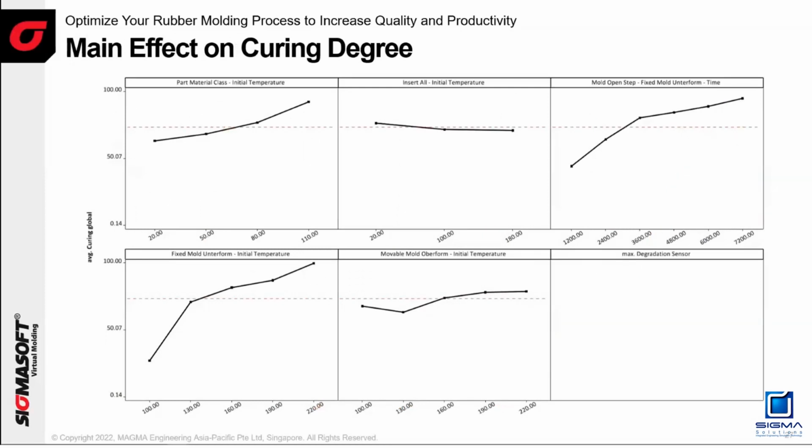From this main effect plot, you can also see how your variables are influencing your goals, your objectives. For the curing behavior, we have 5 variables, and you can see how each one is influencing it.